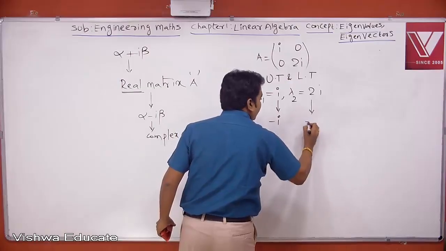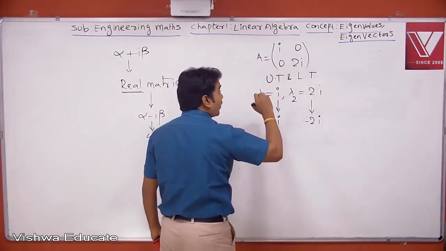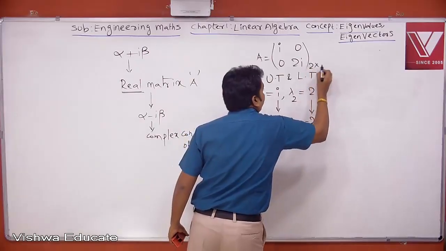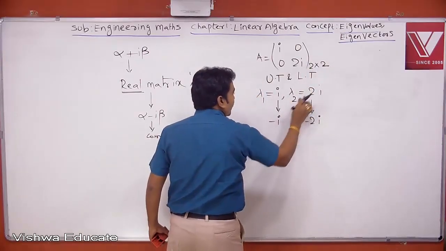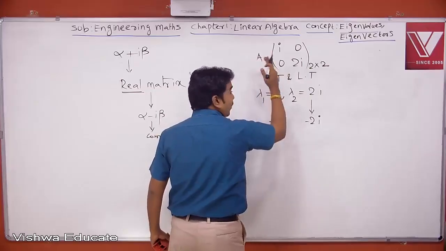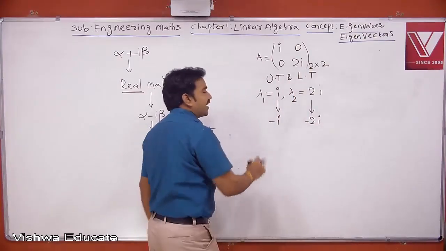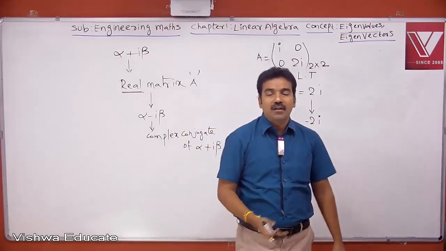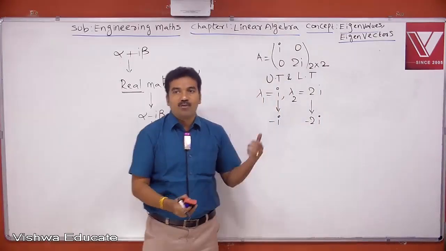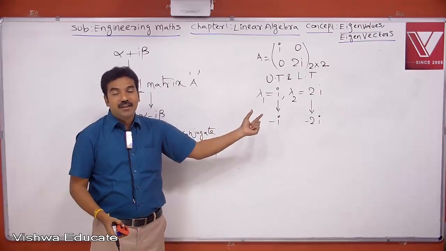If 2i is an eigenvalue, then minus 2i becomes an eigenvalue of the same matrix. In that context, this 2 by 2 matrix will have 1 plus 1 plus 1 plus 1, totally 4 eigenvalues, which contradicts the original statement. When something is a 2 by 2 matrix, it will have exactly 2 eigenvalues. But in this case, we are getting 4 eigenvalues. Why is this property violated in this case?